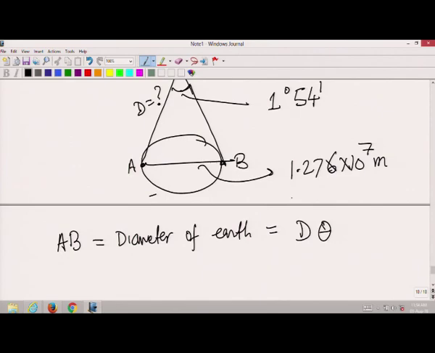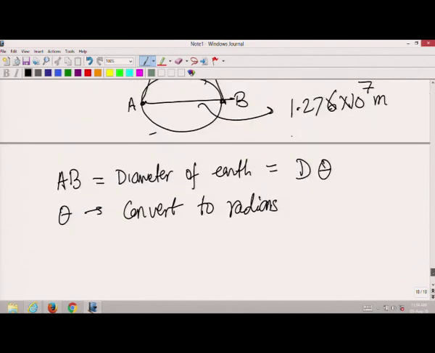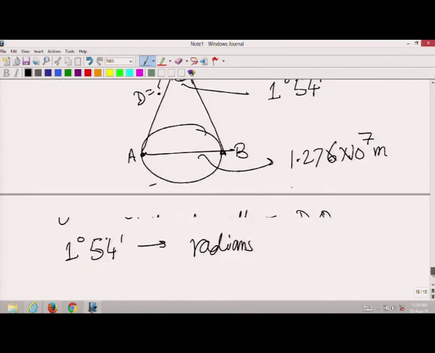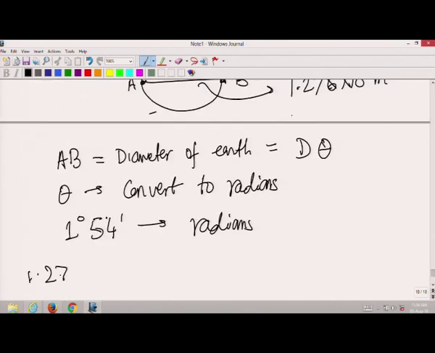But to be proper, the angle theta you have to convert to radians. So, you have to convert 1 degree 54 minutes to radians, and then the distance AB, 1.276 into 10 to the power of 7 meters, will be equal to the distance D in meters multiplied by the angle theta.